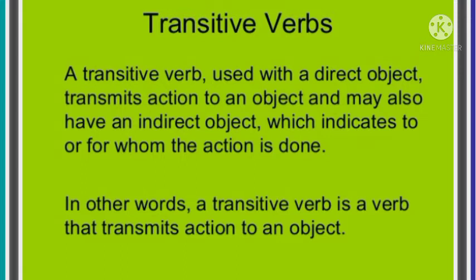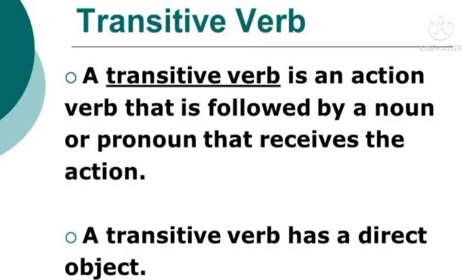For example, she read. In this sentence, "she read" is not complete without saying what. She read what? If we write "she read a story," it is a complete sentence.